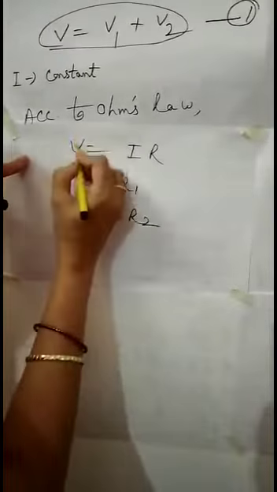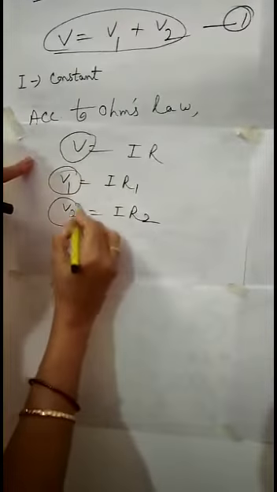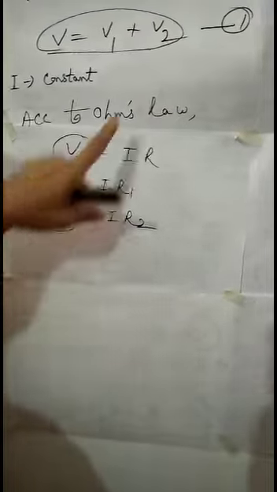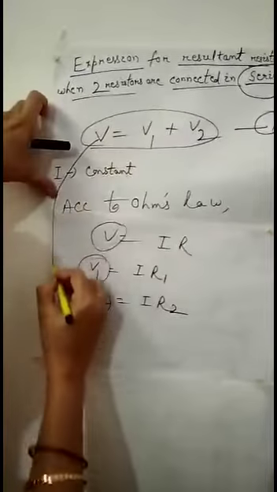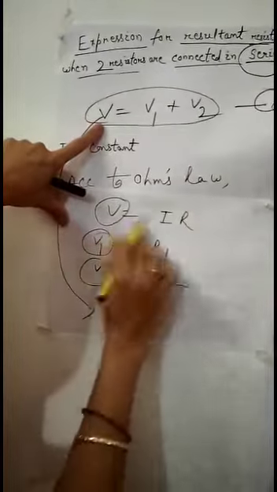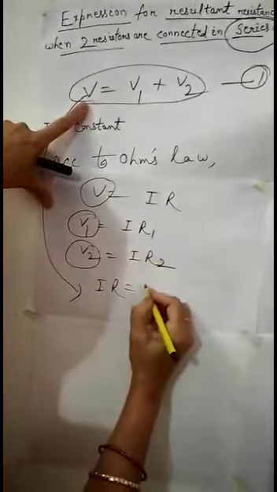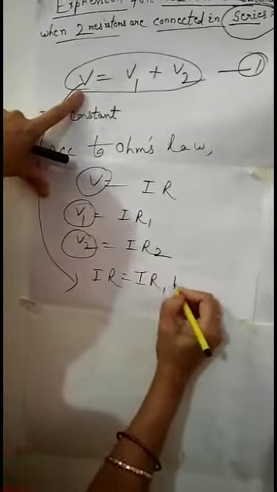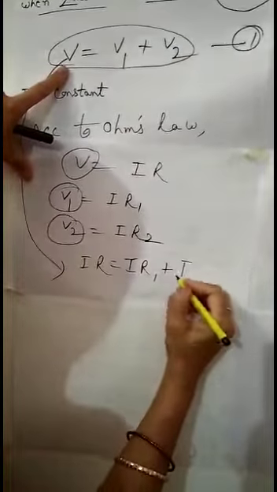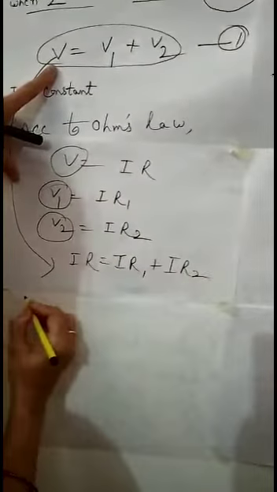Now put these three values V, V1 and V2 in equation number 1. So instead of V you can write IR, and V1 is IR1 plus V2 is IR2.